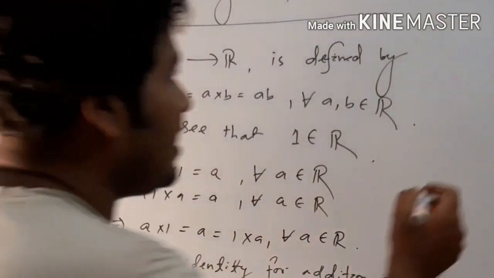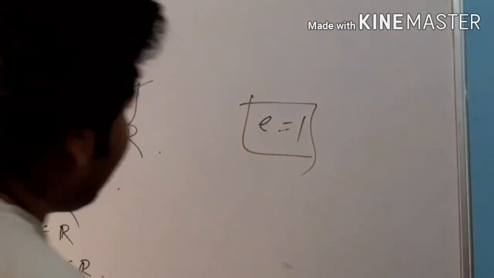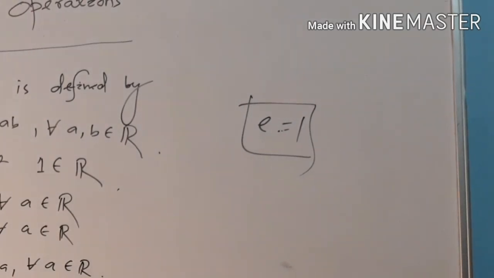Here E equal to 1, that means the identity for multiplication operation on R is 1.